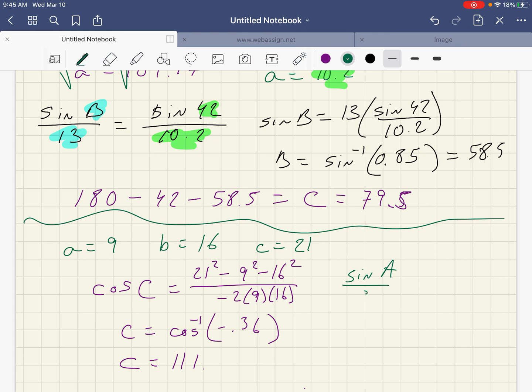So you could switch over, and now that you have a pair of C's, then I could find sine of capital A over 9 equals sine of our 111 over our 21.